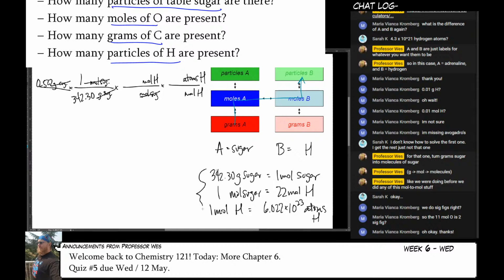We're just using the relationships that we've got right here. And punch it on the calculator. What do you get? 2.02 times 10 to the 22. All right, there you go. There are all the problems.